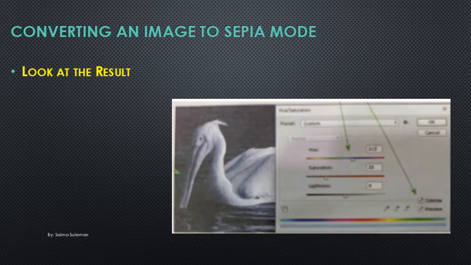You can see the Colorize option is on the right hand side of the box. You have to just click it, then modify the values of hue, saturation and lightness in order to obtain different sepia colors. Now look at the result.